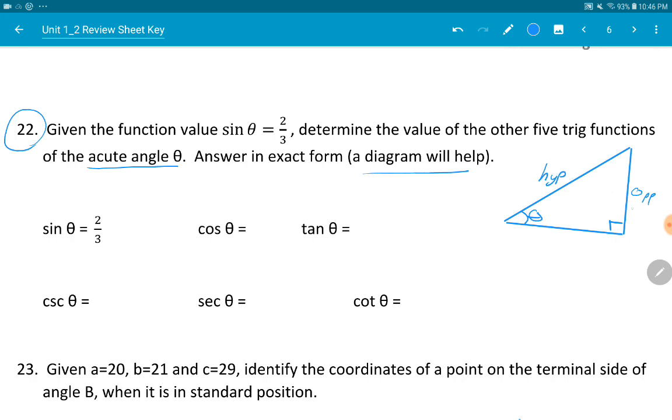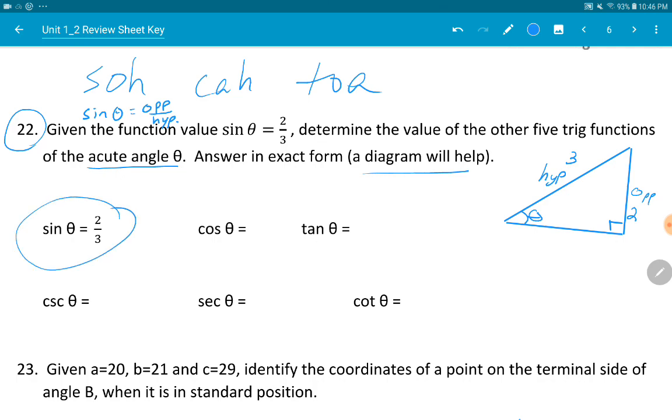So that means this side is 2 and this side is 3. Right, that's SOHCAHTOA. So I'm using sine so far, so that's sine of theta equals opposite over hypotenuse. Okay, so that gives us the 2/3. That's what we were given already.